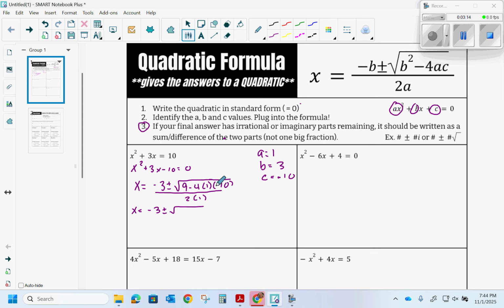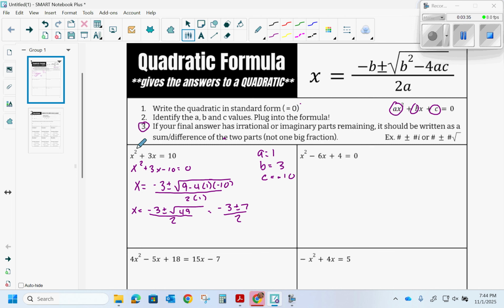Order doesn't matter, so I'm just going to do negative 10 times 1, which is a negative 10. Negative 10 times the negative 4 is positive 40, and then plus 9. So that's going to be 49. Perfect squares are lovely. And let's simplify that. That's negative 3 plus or minus 7 over 2.